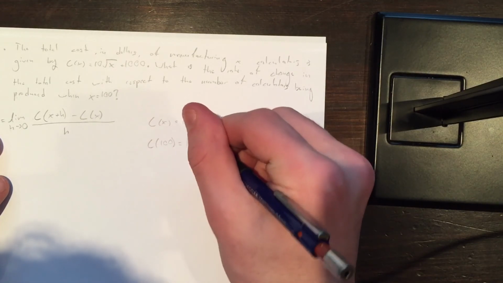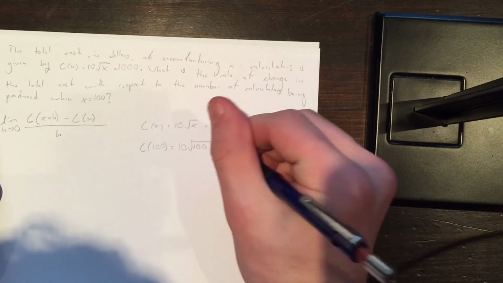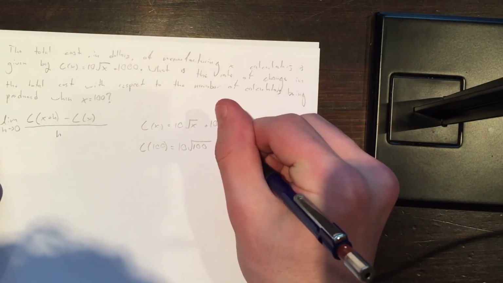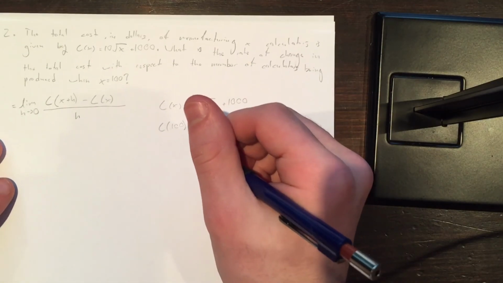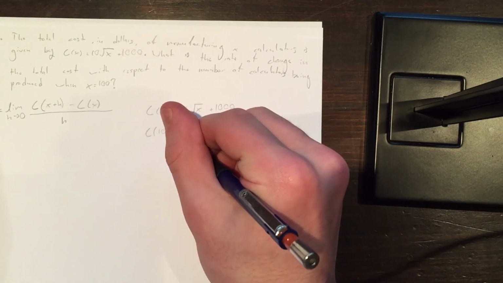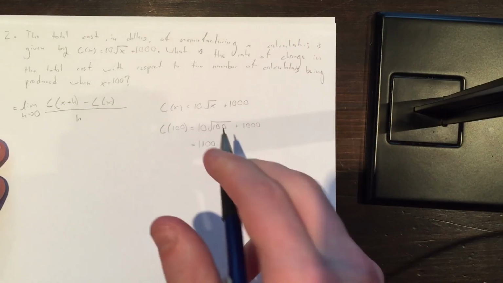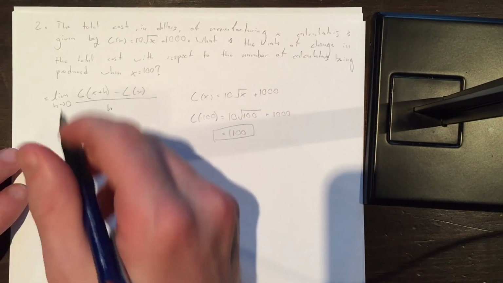So it's going to be 100 plus 1,000. And this should equal 1,100. So we'll keep that in mind, and we're just going to plug that directly into the limit equation.